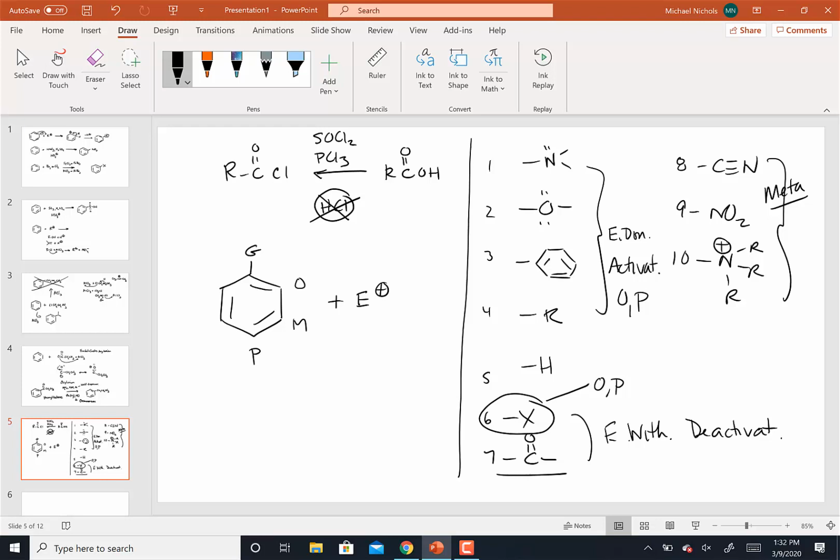That you're going to have to remember as well, because if I make the table up, the table is going to be pretty empty. So you're going to have to put in the group. Is it activating or deactivating? Is it ortho-para or a meta-director? That table is going to be important, and there are a couple of versions of that table in the PowerPoint notes that are in today's folder.